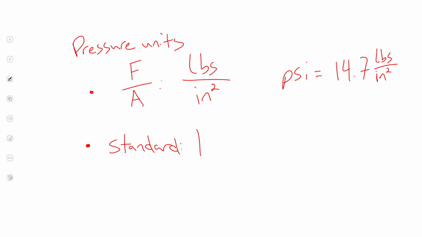So we're just going to say that all of these other pressure units are equal to 1 ATM or atmosphere. 1 atmosphere is basically what we just decided was the average barometric pressure at sea level on Earth. So we just define everything else relative to that. So 14.7 PSI is equal to 1 atmospheric pressure.